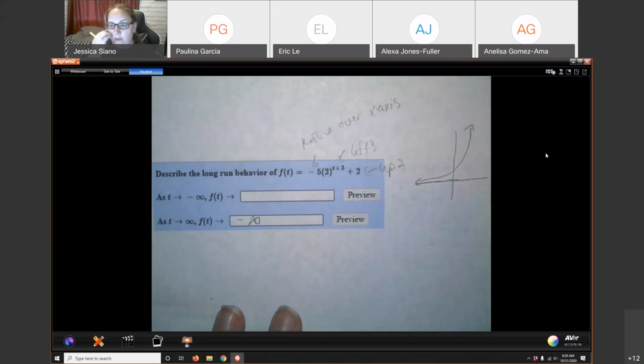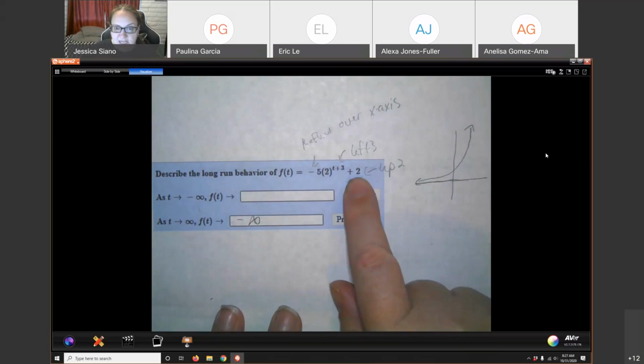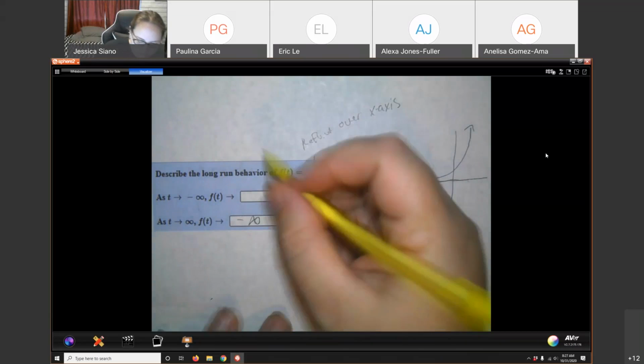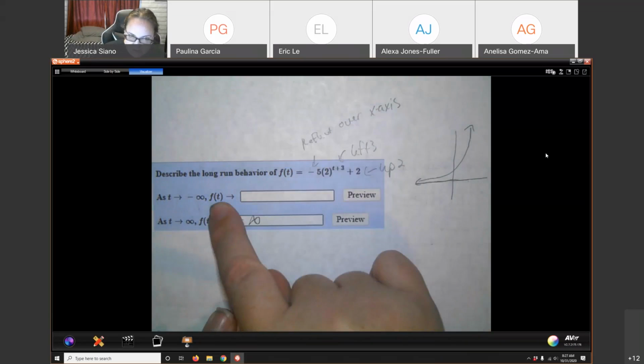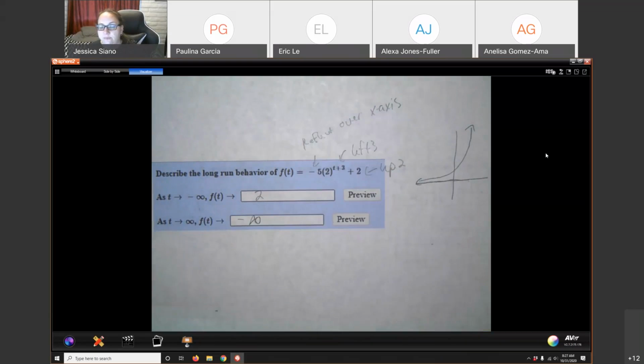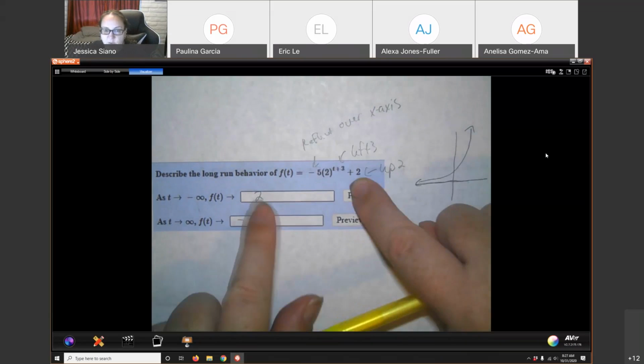We have to figure out to what number. So this is going to be my key number here, because normally this is at 0, but we shifted it up 2. So that moves the asymptote on the left side to 2. So this 2 is the reason why this is 2. If this had been an 8, this would have been an 8.